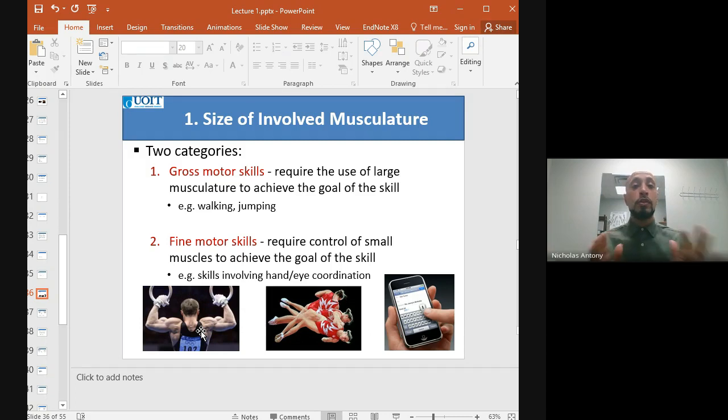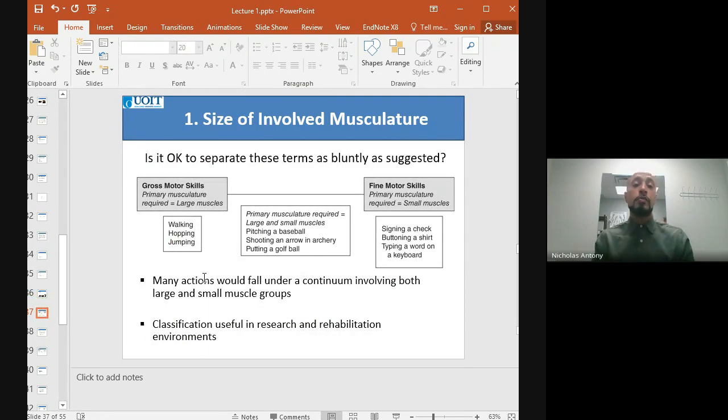Those are 2 different neuromuscular motor control processes. So researchers could look at a motor skill and classify it as a gross or a fine motor skill.